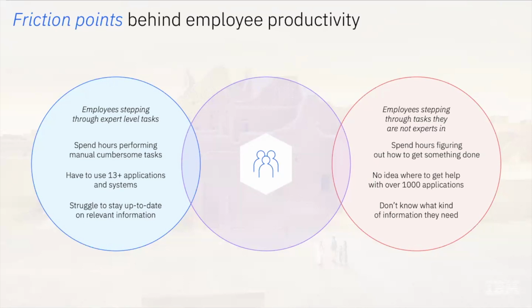On the right side, you have the new employees who are not experts. So they are spending time learning. They are trying to communicate with the expert people, which keeps them busy from doing productive work for the enterprise and trying to help their colleagues. And in the middle, you have employees who are struggling between these two personas.